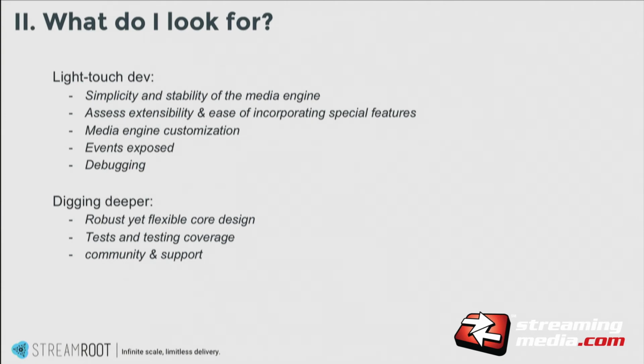Make sure the Media Engine API is simple and understandable and stable. Make sure it provides everything that you need in order to incorporate any of the features that you're looking to incorporate. There are some media engines that have very easy extensibility features, like the possibility to replace the ABR logic or the ABR rules, some of which are a bit more difficult. So definitely check which parameters are customizable and make sure those are the ones that you need.